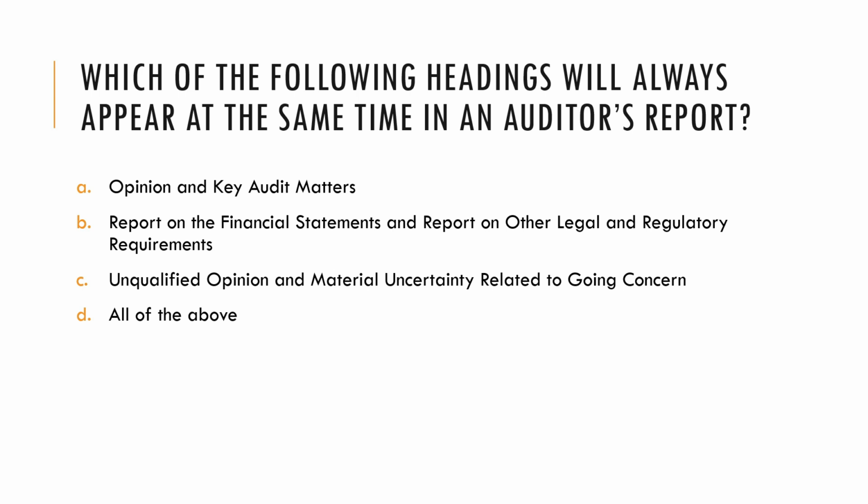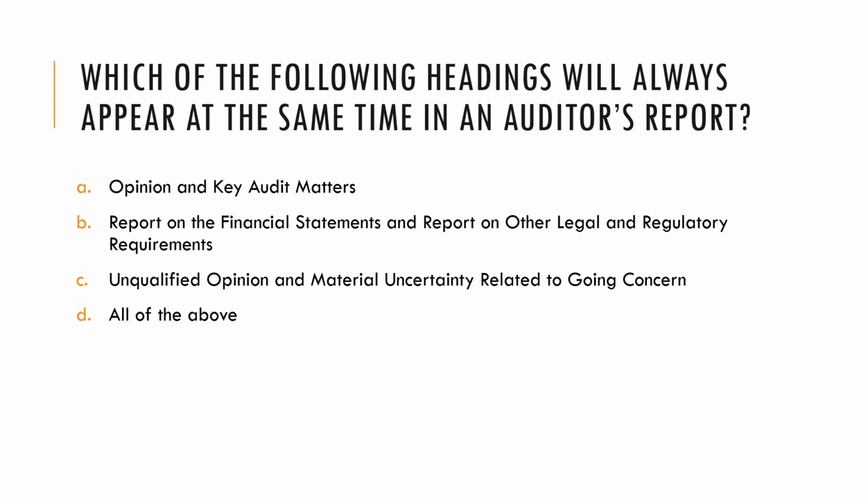So we're left with two choices. Will it be the heading report on the financial statements and report on other legal and regulatory requirements? Or will it be the headings unqualified opinion and material uncertainty relating to going concern? Now let's evaluate letter C, and to this we would recall that actually material uncertainty related to going concern will only appear if the entity has substantial doubt regarding its going concern.